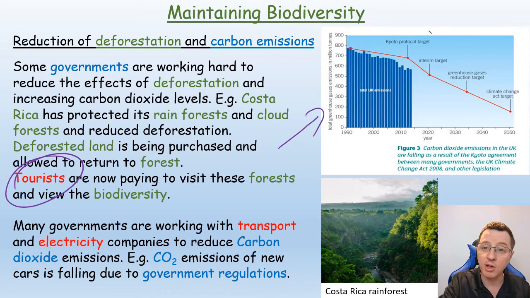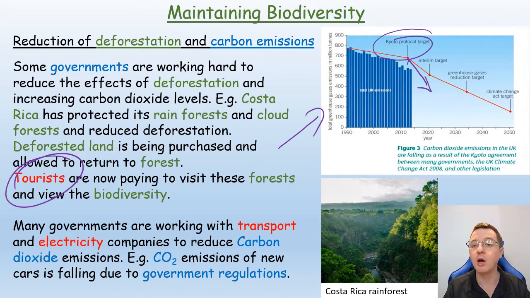For example, the Kyoto Protocol here, and you can see that after 2014-15, when this was introduced, we had a steep decrease in the carbon dioxide levels around the world. So this is helping to reduce carbon dioxide levels, reduce deforestation, and maintain biodiversity, not just in forests but in coral reefs and other areas.